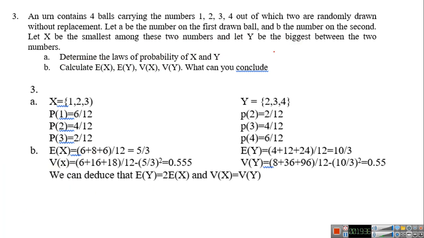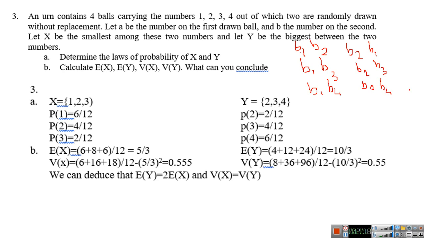I want to draw balls. What are all the possibilities? Either you draw B1 without replacement, then B2, or B1 and B3, or B1, B4, or you draw B2 first: B2 with B1, B2 with B3, or B2 with B4.